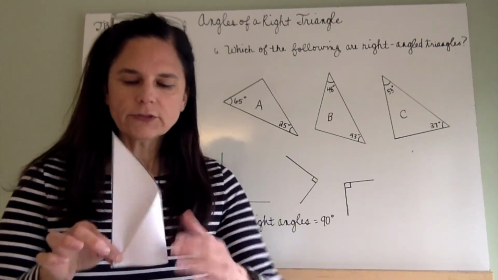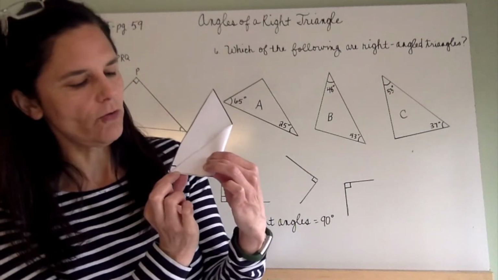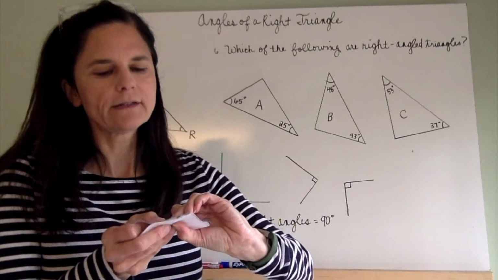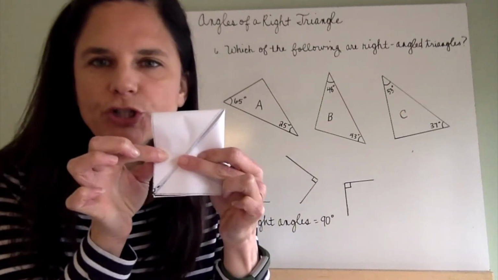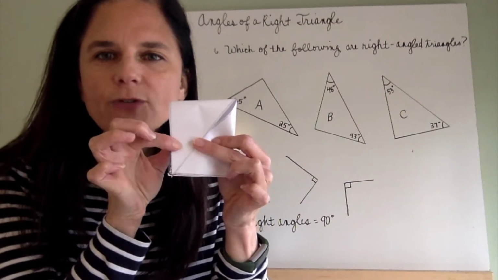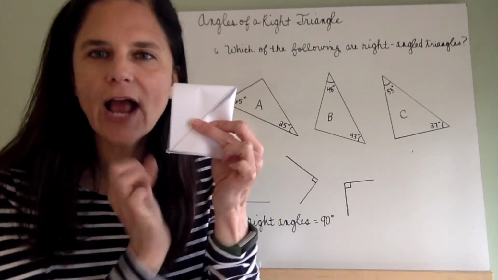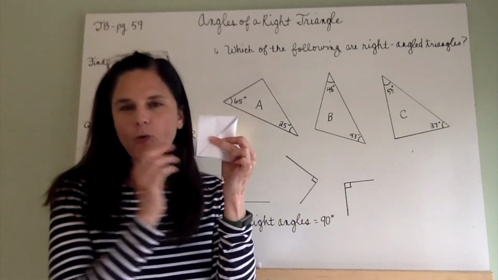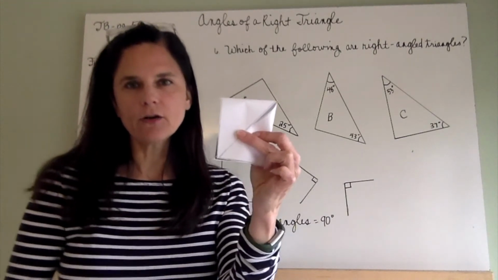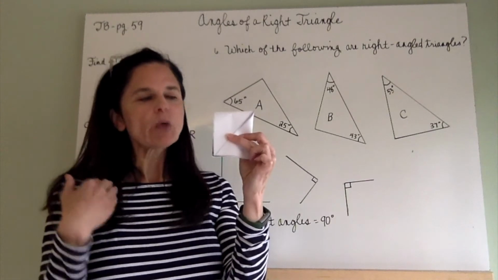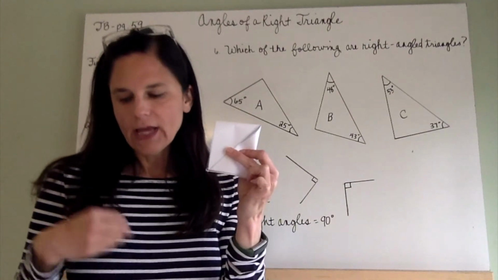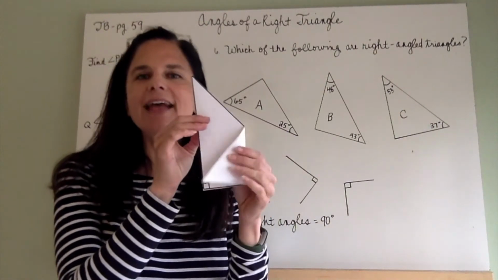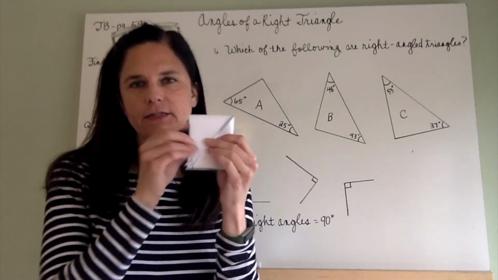If you fold that angle against the right angle, and you fold the other one against the right angle, you should notice that the 2 of those angles together add up to be the same measurement as the right angle itself. So what we've shown here with this triangle is that when one angle of a triangle is a right angle, the other 2 angles add up to 90 degrees.